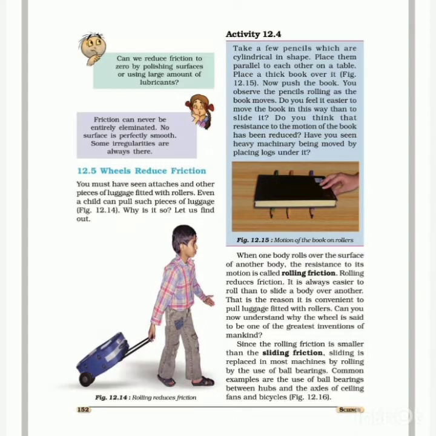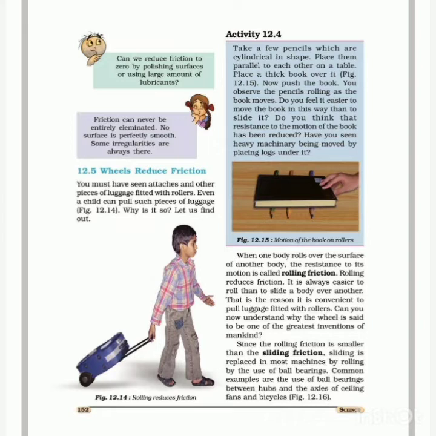It is always easier to roll than to slide one body over another. That is the reason pull luggage fixed with rollers is convenient. Can you now understand why the wheel is said to be one of the greatest inventions of mankind? Because of rolling.